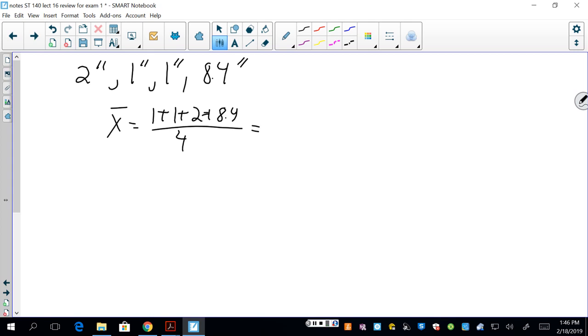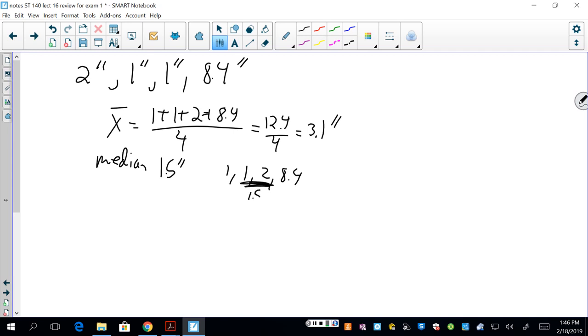That's 12.4 over 4, or 3.1 inches on average. Median, if you put them in order, 1, 1, 2, 8.4, it's going to be about 1.5 inches, between these two.